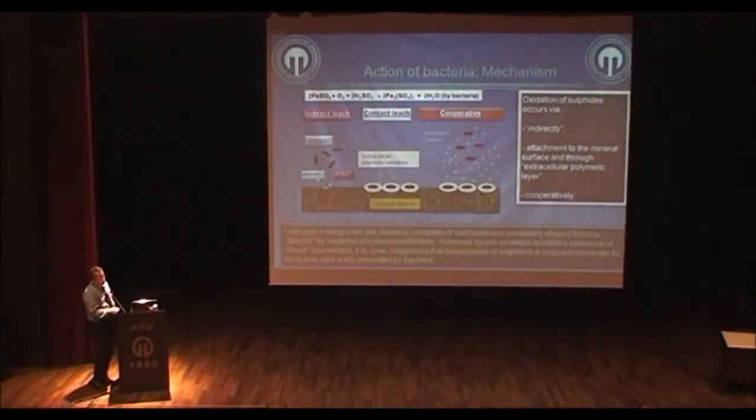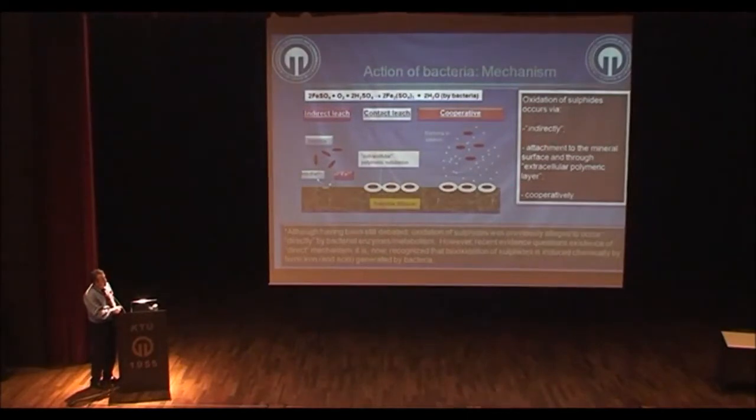Here we see the action of bacteria on sulfides. They can attach themselves to the sulfide mineral, or they can be in the bulk of the solution, or both mechanisms. Some of the bacteria can attach on sulfides, or some can be in the bulk of the solution.